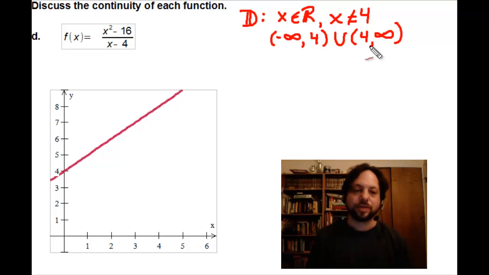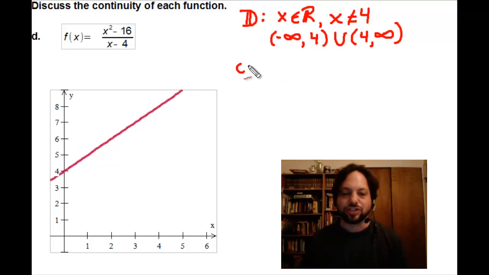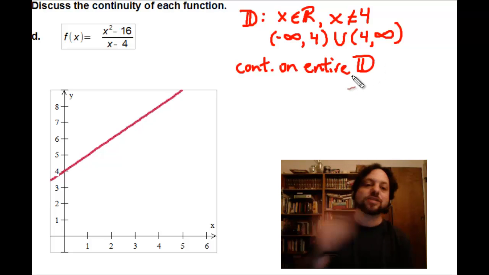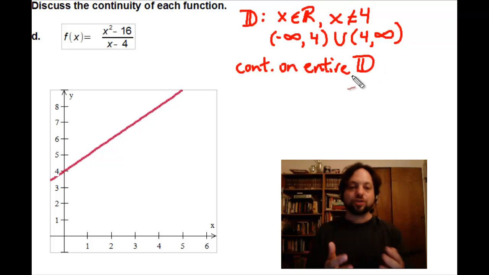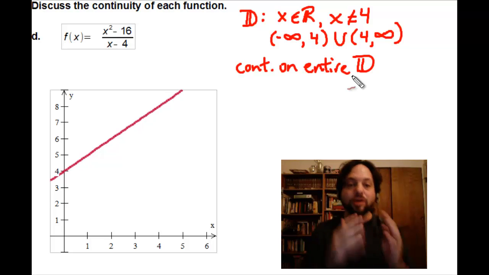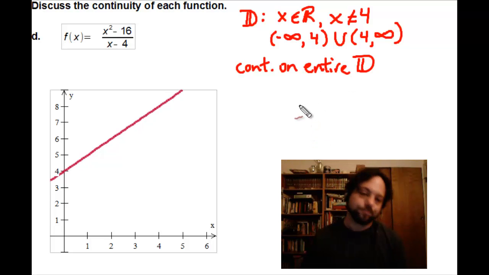So now that we've determined the domain, we could say that this function is continuous on its entire domain. After all, everywhere else but 4, everything is fine. And as we said earlier, rational functions are continuous on their entire domain.